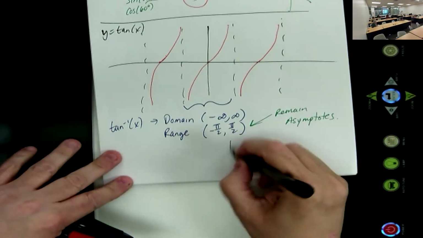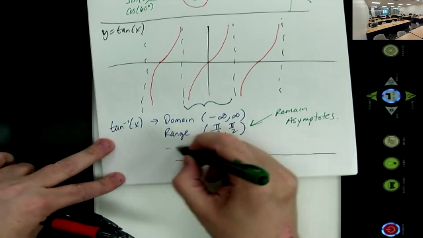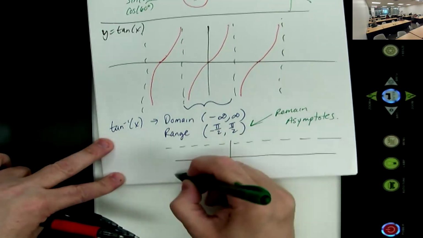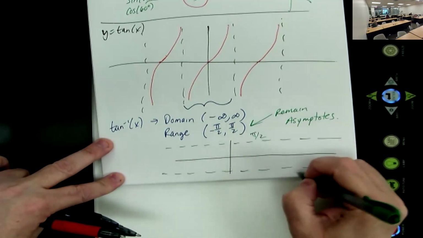So when we look at the graph of tangent inverse, we have asymptotes going along y now, at pi over 2 and negative pi over 2.